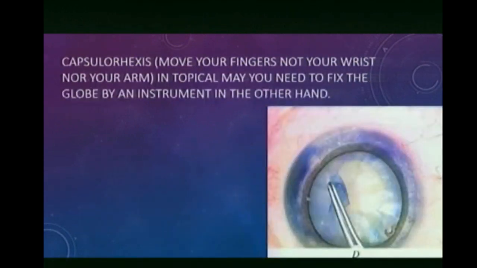The capsulorhexis should be done with the least effort, because it's a very small thing you are doing, a circle of 5 to 7 millimeters. It's not a big issue. So it is nonsense to move your whole hand or even your elbow or even your shoulder while you are doing the rhexis. Sometimes you find people doing rhexis and moving their whole body.